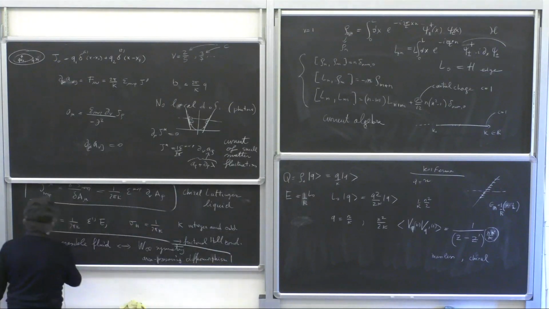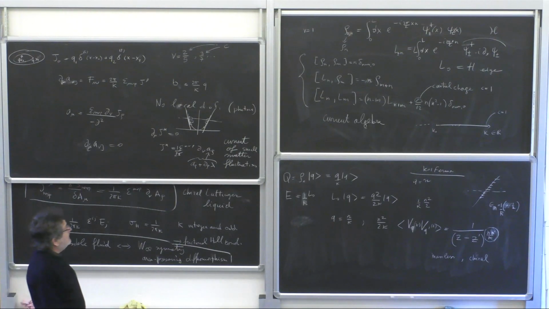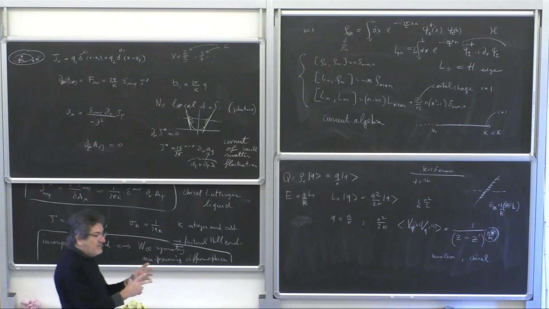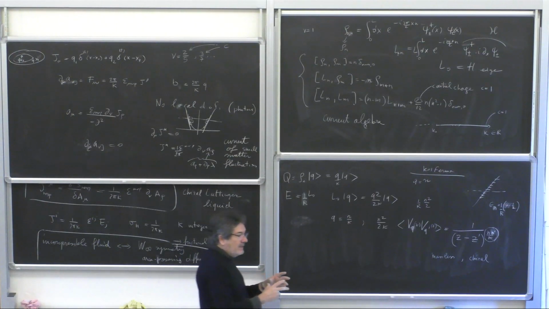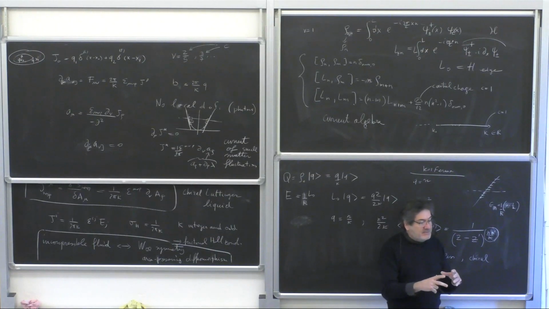So this is an additional symmetry, because what's the point? The point is that we have seen that the physics of the Landau level depends very much on the magnetic field, on the flux of the magnetic field. So you can deform, and this deformation is a possibility of the incompressible fluid, changing the shape of the fluid.